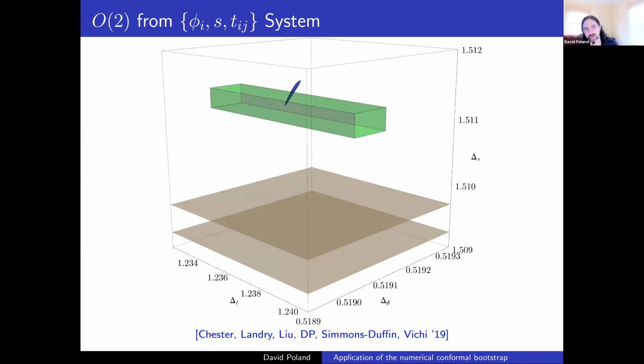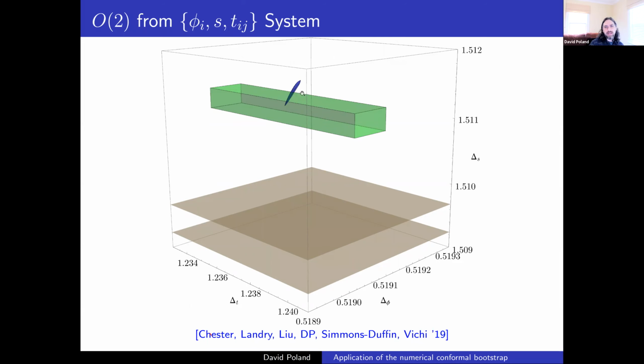Here's another view of the Bootstrap island for the O2 model, showing that we're looking at a system of external correlators involving phi, s, and t. To do a computation, you have to input delta phi, delta s, and delta t, meaning you're mapping out a three-dimensional allowed region in scaling dimension space.